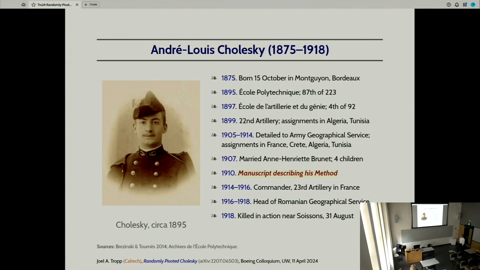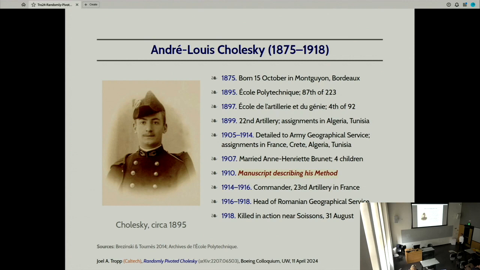He married Henriette Brunet, his cousin, in 1907. They had 4 children, not all at once. And in 1910, he wrote a manuscript describing his method, which he may have formulated as early as 1902 during his first time in Algeria. I'll tell you more about that as we go along.